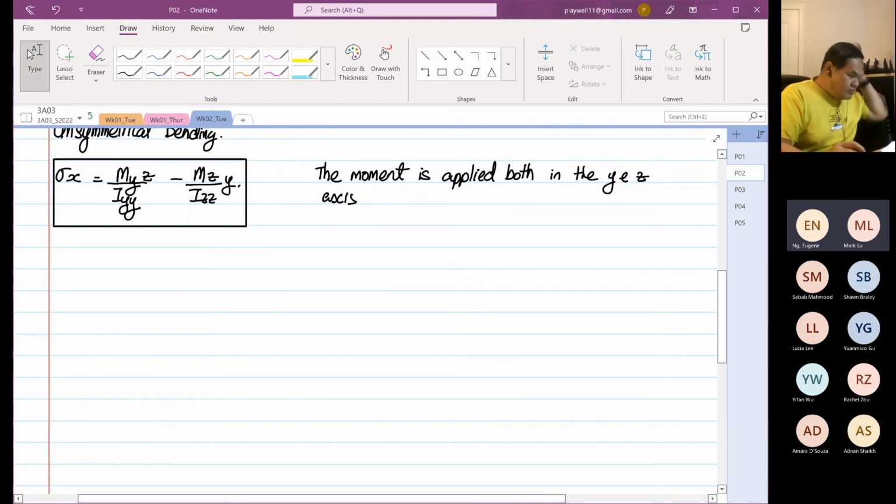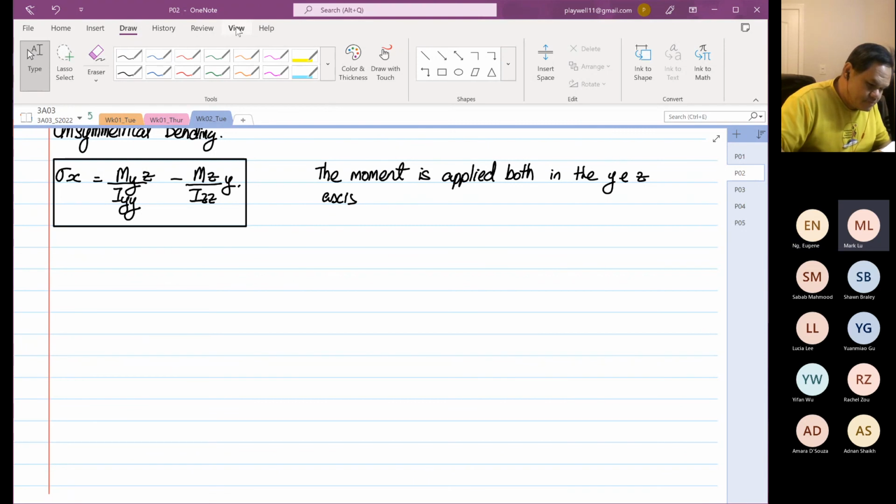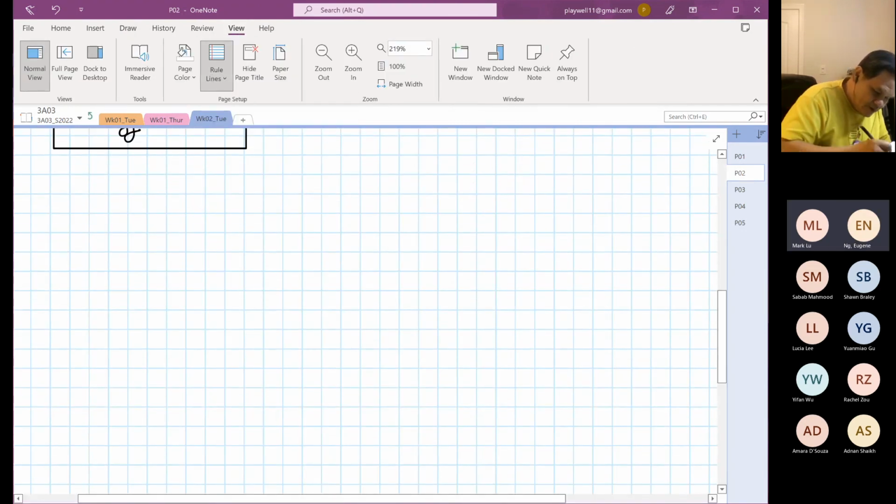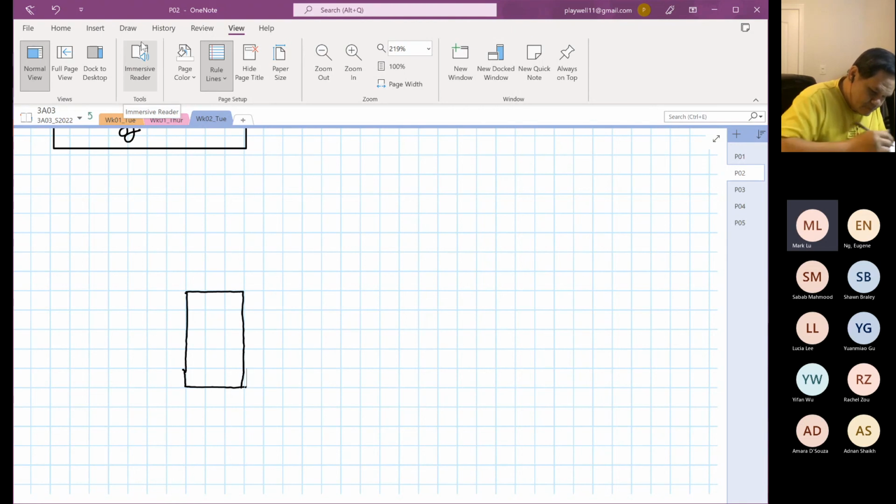Now let me do a sketch. How does this look? I'm going to do a sketch now. Again, I will draw a cantilever beam.